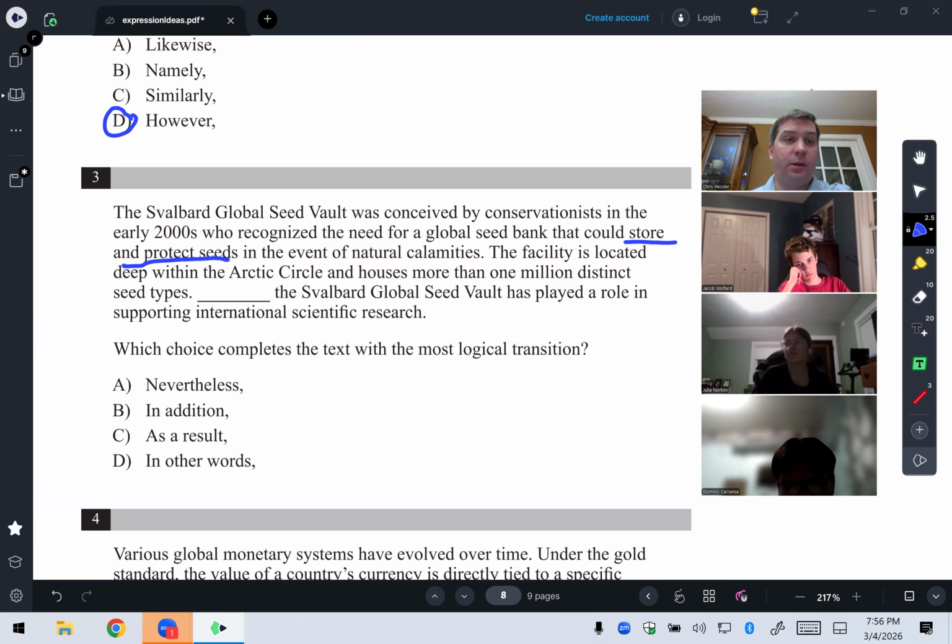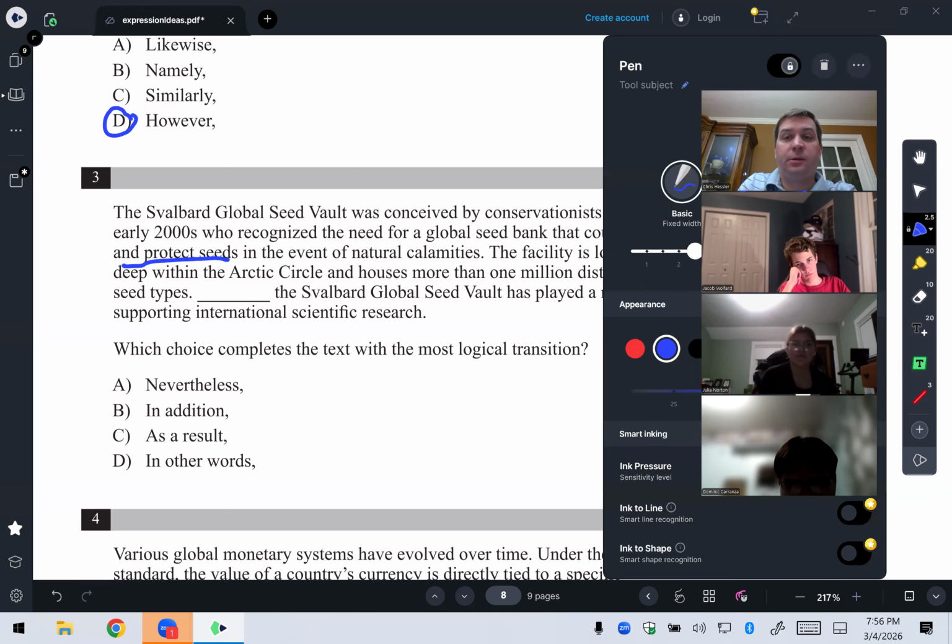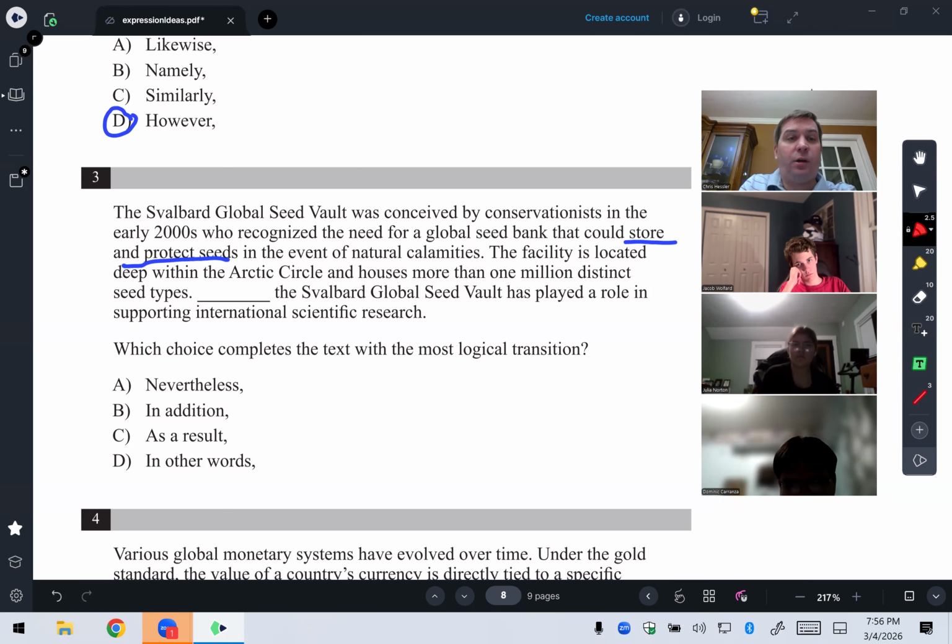Okay, so they said that the original purpose of the seed vault was to store and protect seeds. So if we are also using the seeds for international scientific research, that would be an additional use for the seed vault, which would be answer choice B. So they said it's for storing and protecting the seeds, but if they're using them for scientific research, that is an additional use.